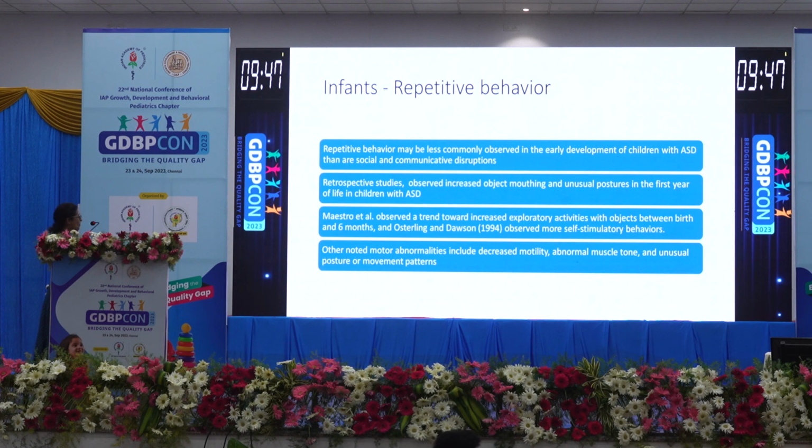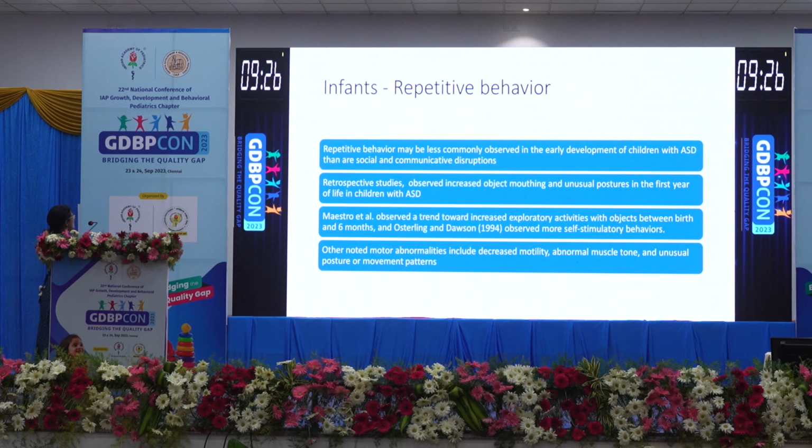So the next thing we talk about is repetitive behavior. Repetitive behavior is less commonly observed in the early stages of development. Usually as the child starts growing, this becomes more manifest.